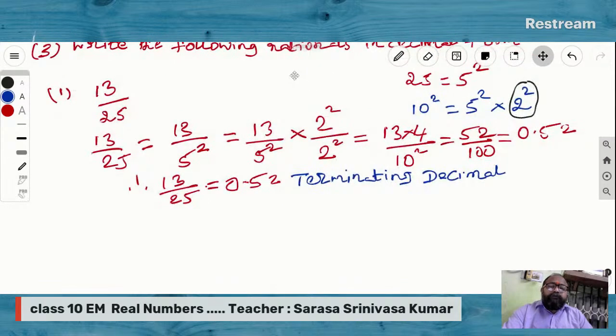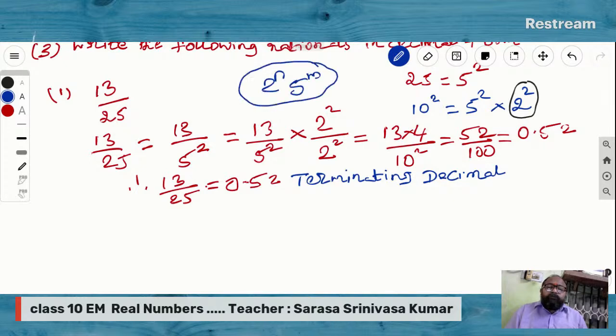13 by 25, it is given 25 can be written as 5 square. We want to get a 10 square form in the denominator, because we want to get the form 2 power n, 5 power m in the denominator.